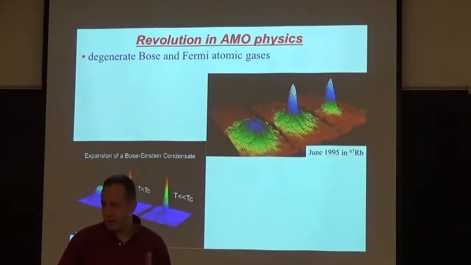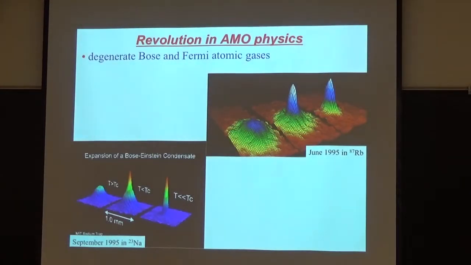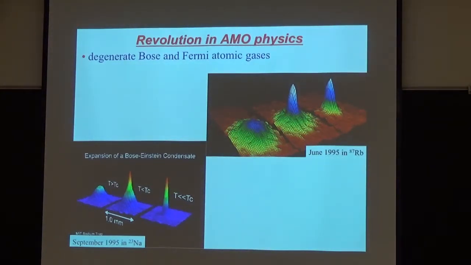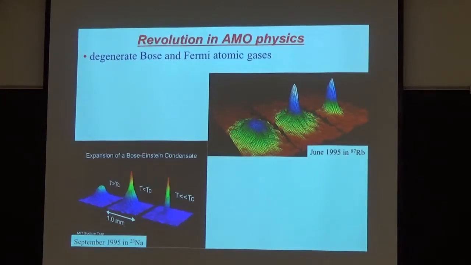But of course, we know in hindsight that there was really a revolution, starting in 1995, once rubidium-87 and sodium-23 were condensed and Bose-Einstein condensation was realized. Even at this time, I remember I first arrived at CU in 1995.